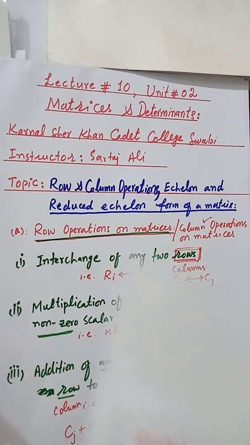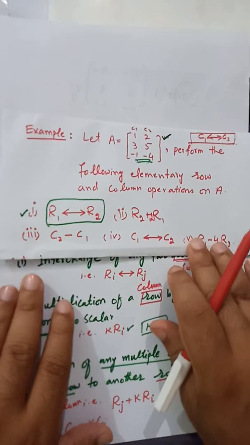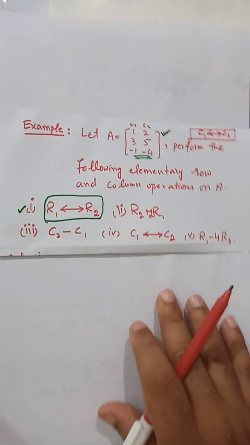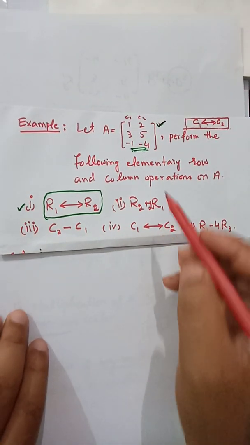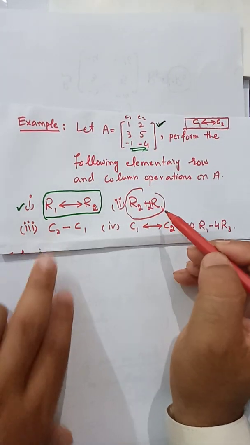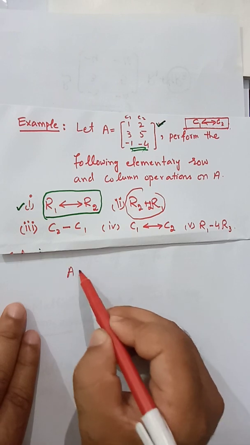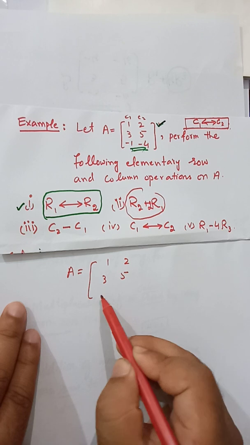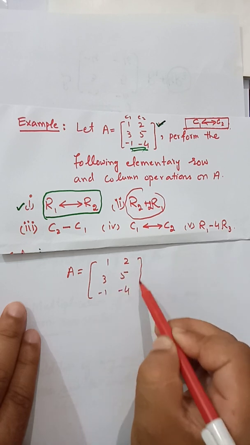So this is an example in which we need to perform the row operation R2 plus 2 R1. So this is the original matrix, 1 2, 3 5, minus 1 minus 4.